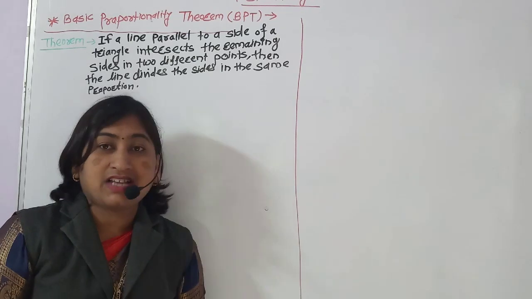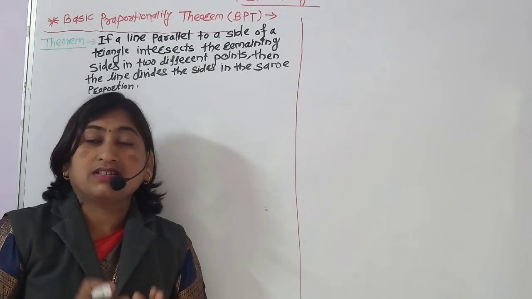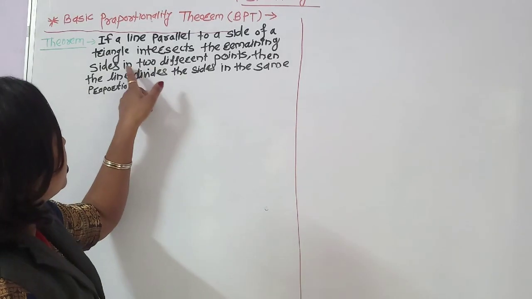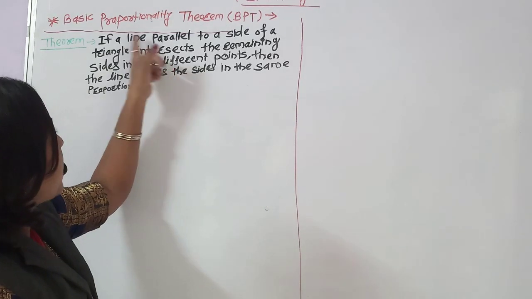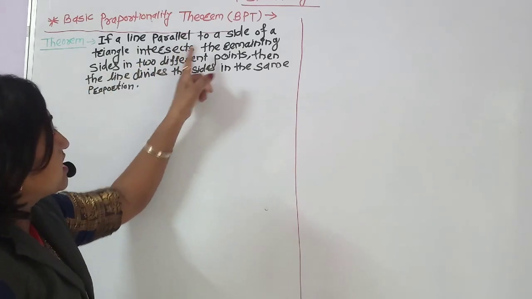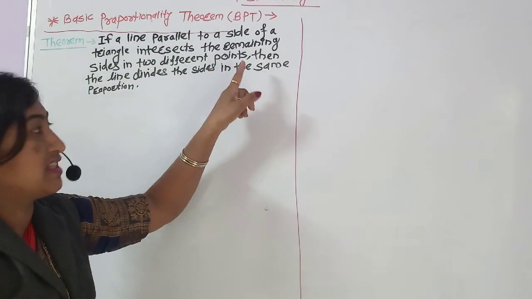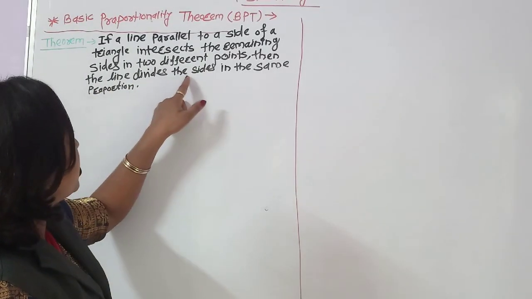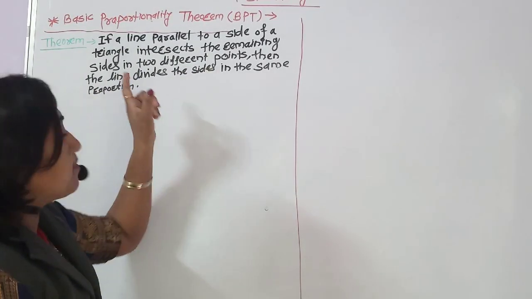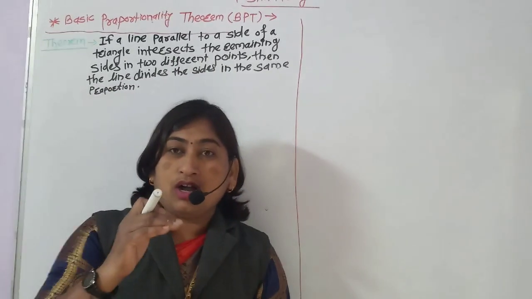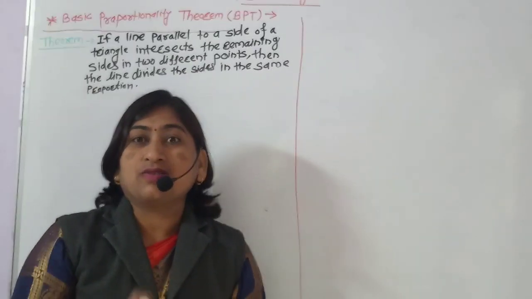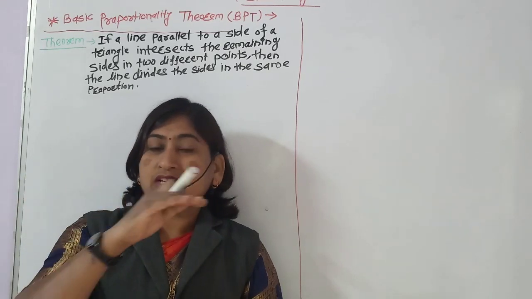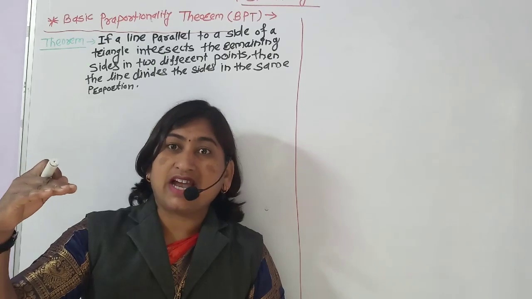Out of these three sides, this parallel line intersects the remaining two sides in two different points. Then the line divides the sides in the same proportion. That means out of these three sides, one side is parallel to that, and we draw the intersecting line in two sides.